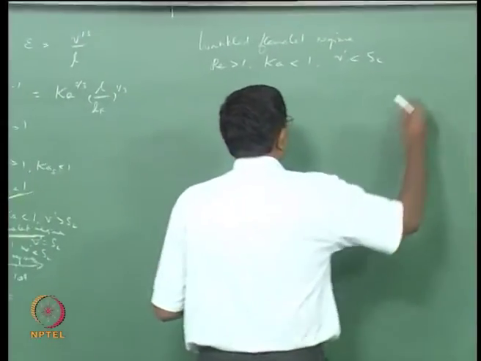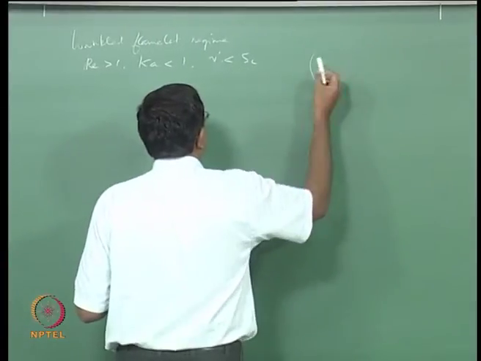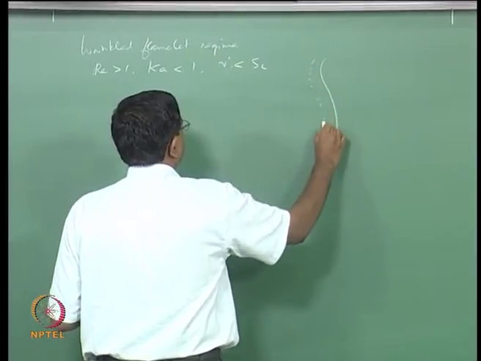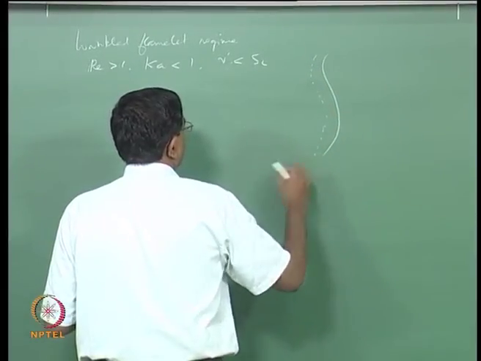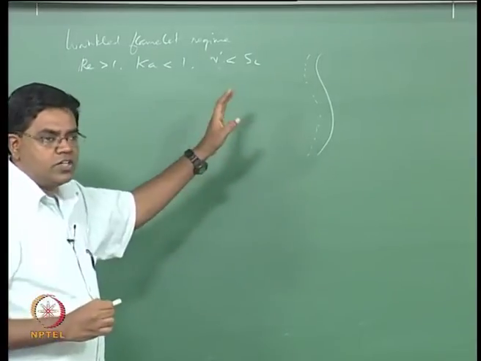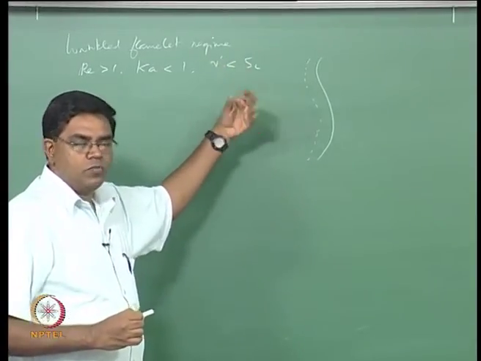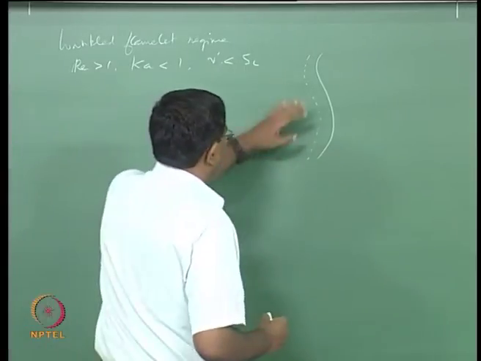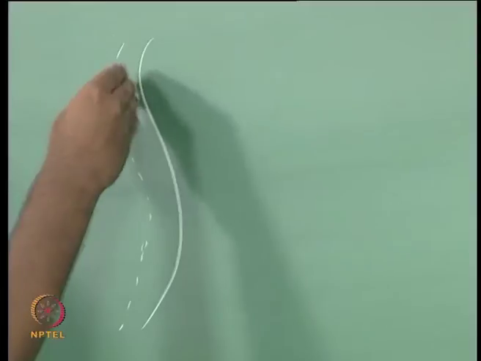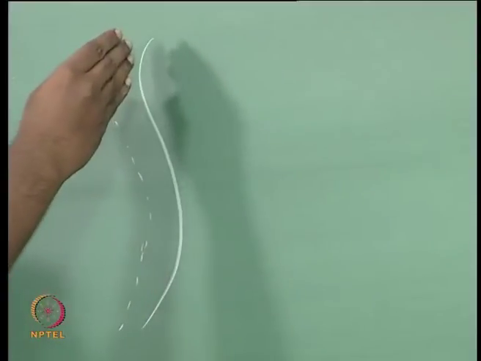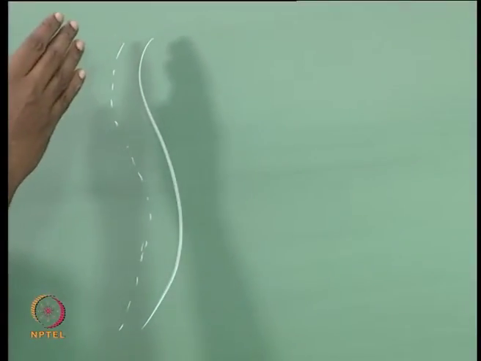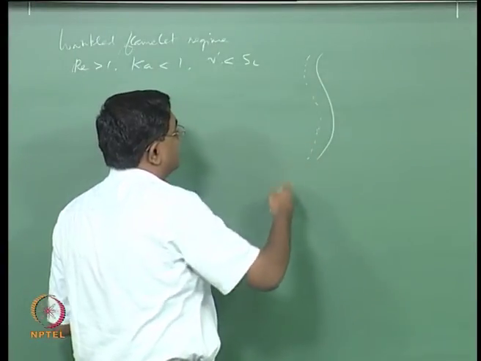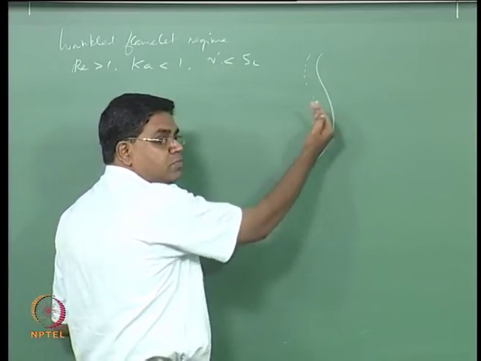So you now have a flame that is, let us say, marked by 2 lines. This continuous line is like the reaction zone, including its thickness, and the dotted line is the upstream edge of the preheat zone.